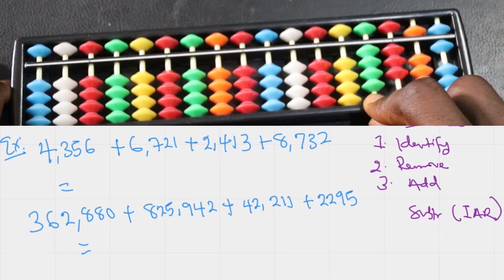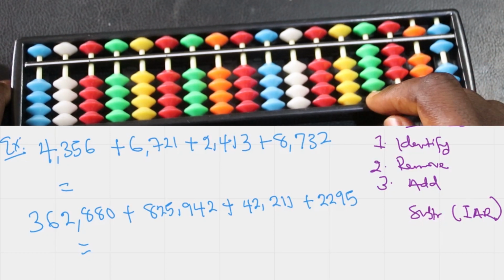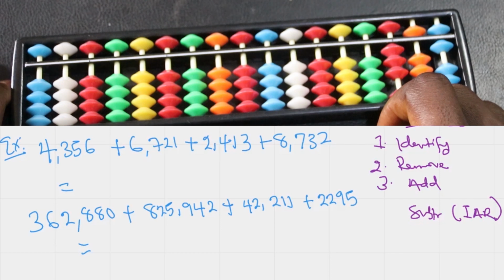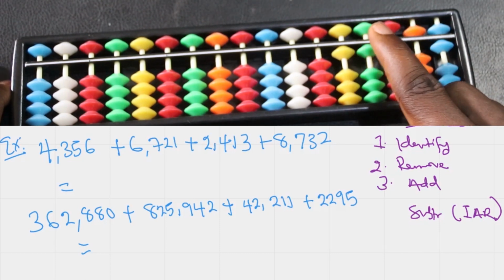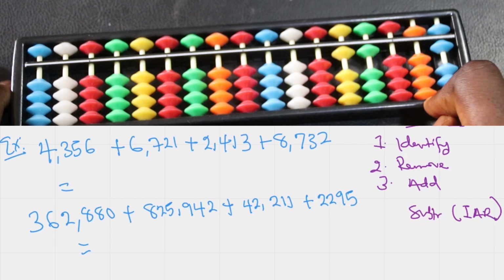To add 6 here, we ask ourselves, what is the 10 component of 6? 4. We remove 4 and then we add 10. Now, we want to add 7 to this, but we do not have 7. What's the 10 component of 7? 3. So we remove 3 and add 10. We have solved this. We move to this one.